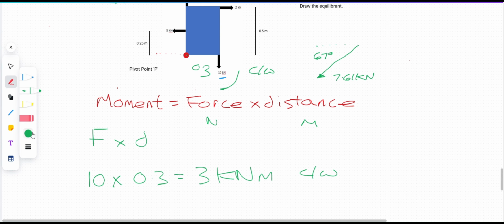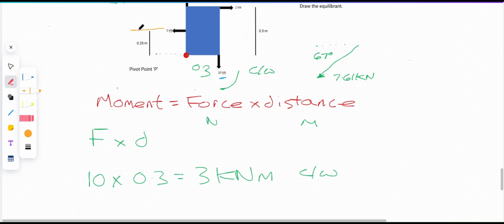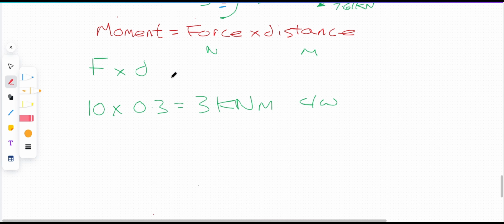Next one, 5. There's my 5, that's the force. The distance here down is 0.25. It's going to be 5 times 0.25. It's going to be going anti-clockwise, so I'm going to put a minus in front of it, because I've called anti-clockwise minus.